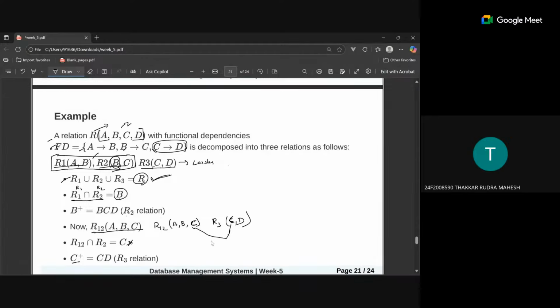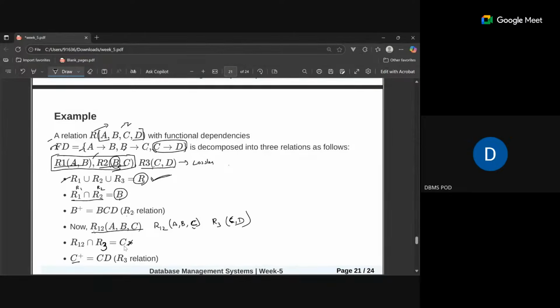But the second last line is R12 intersection R2, isn't it? It should be R3, I think. Yeah, R12 intersection R3. Oh, yeah. This is R3, sorry. Okay, thank you. Thank you for noting.